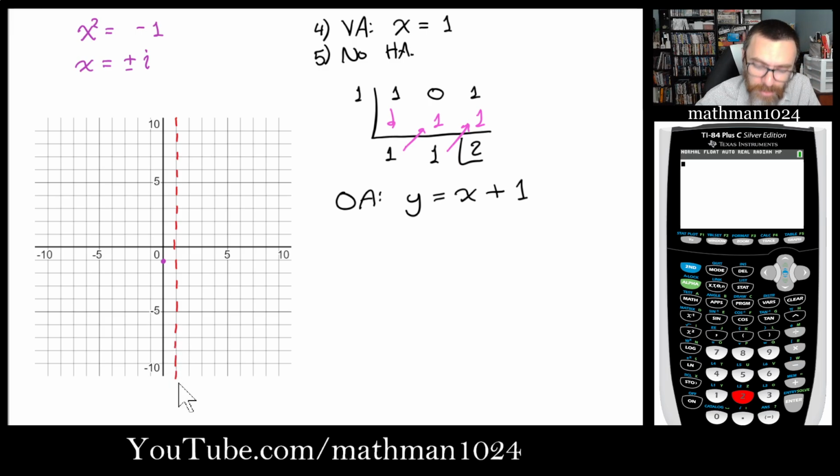And we have our oblique asymptote at y equals x plus 1. So that would be starting right there and having a slope of 1. Okay, let's make sure we do this nicely and neatly, coming back the other way.